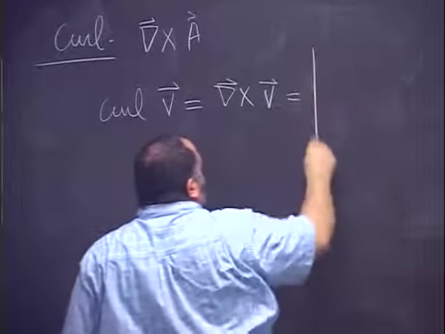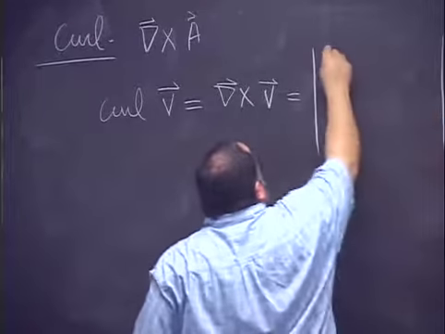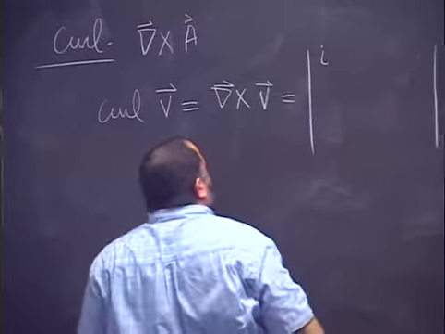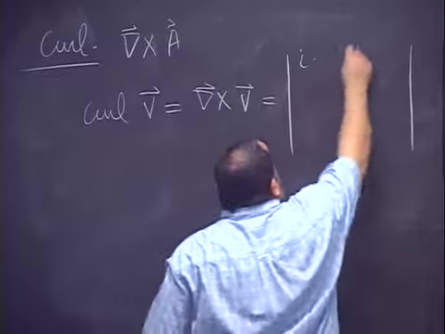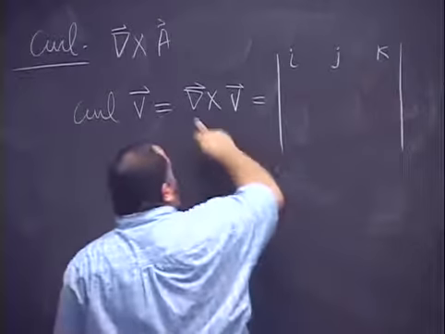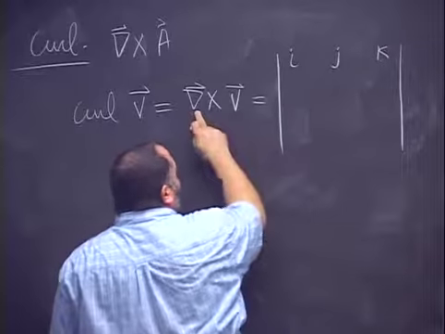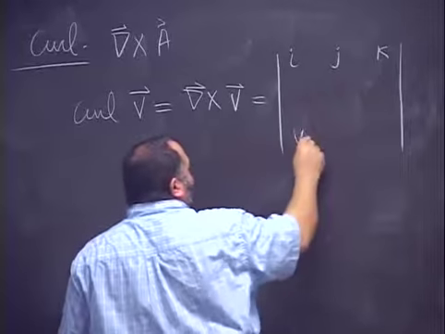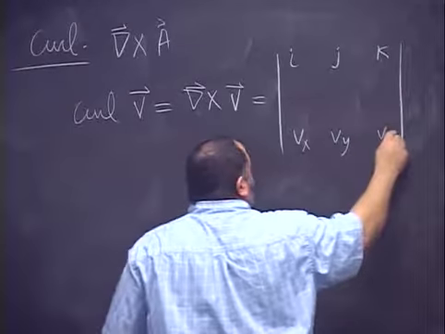From chapter number 9, we knew that if you want to compute the cross product, you get i, j, k in Cartesian coordinates, then the components of the first vector, and the components of the second vector, Vx, Vy, Vz.